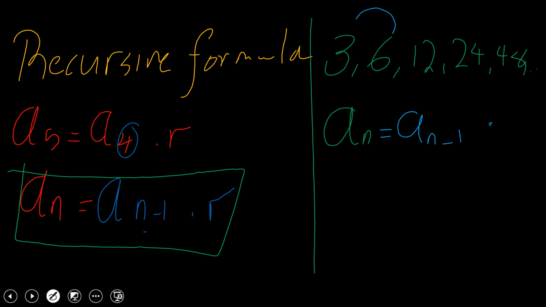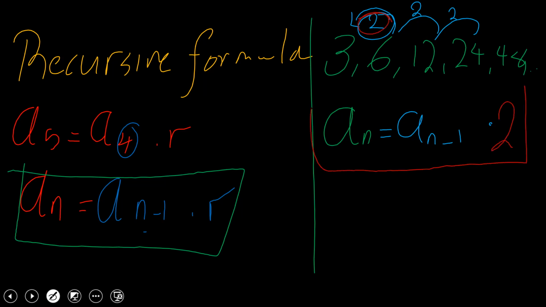Let's divide 6 by 3, it is 2, and 12 by 6 it's also 2. 24 by 12 is also 2. So what is the value of the common ratio r? It is 2. So this will now be our recursive formula: a sub n is a sub n minus 1 times 2.